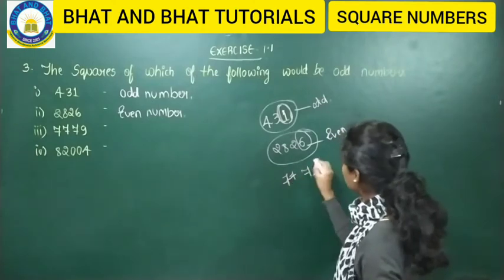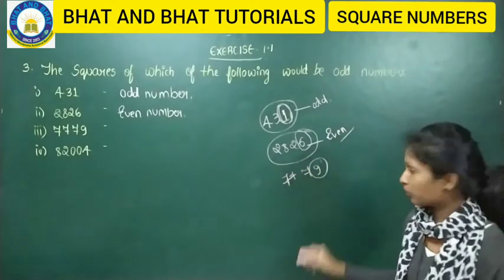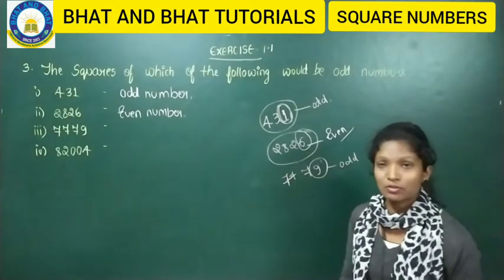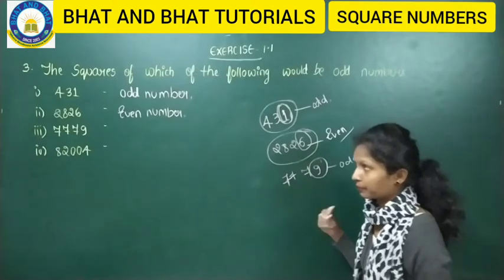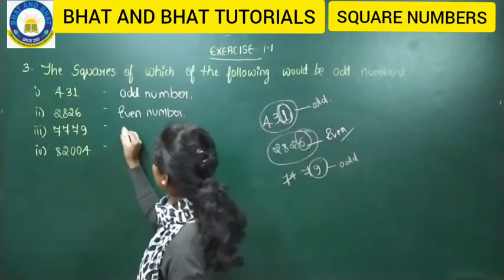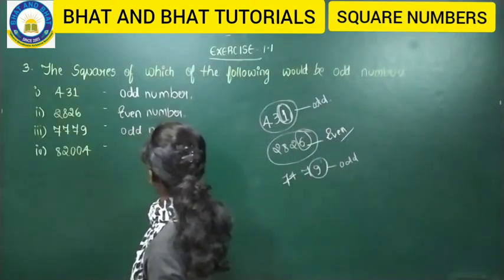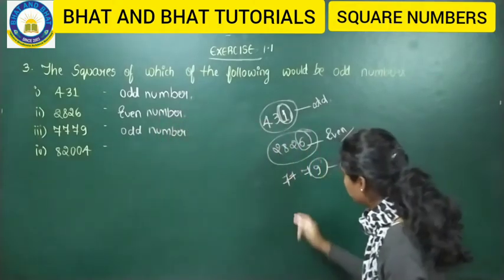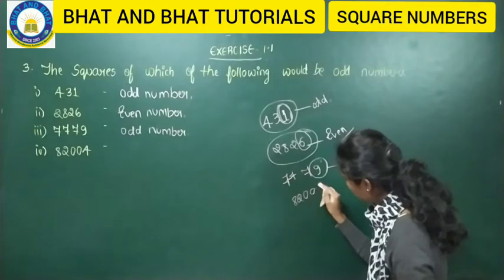Got this? In the same way, 7779. 9 is which number? That is odd. The squares of the odd numbers are always odd. So now this is your odd number. In the same way, come to the last one, 82,004.